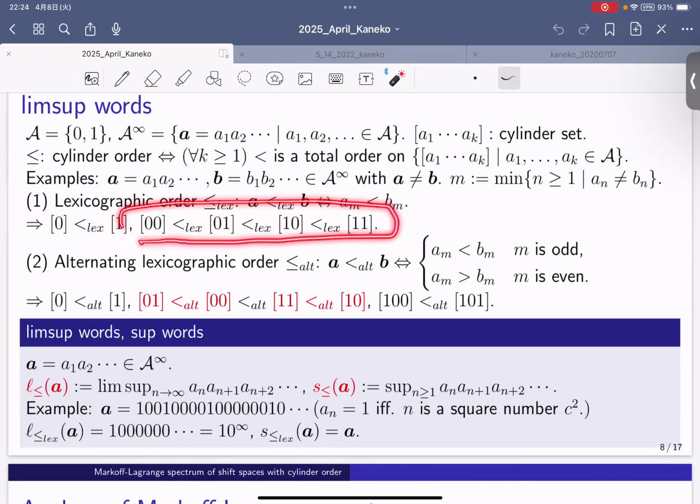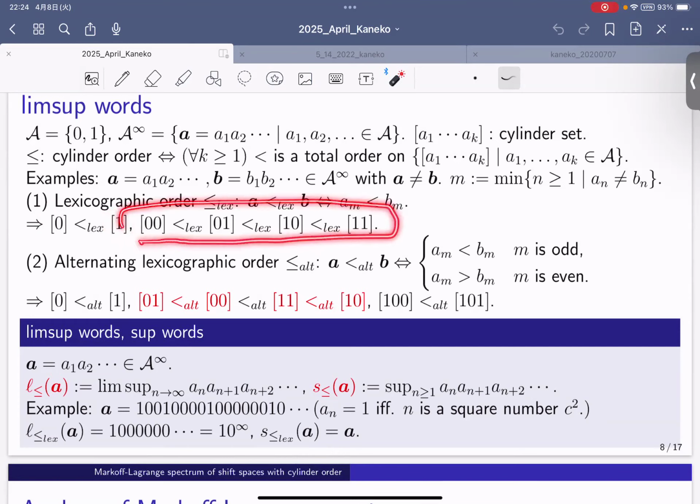And if M is even, we consider the inverse order: if AM is greater than BM, then A is less than B. So for length 1, it's the usual order. For length 2, we need to consider the inverse order, so 1 is less than 0.